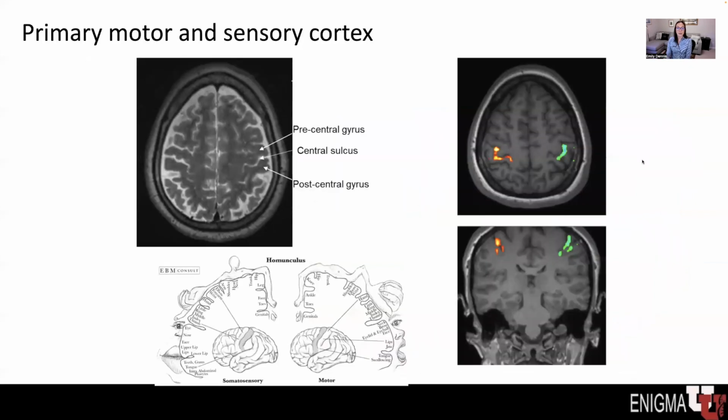And here they are in MRI data. So again, precentral, postcentral gyrus, the central sulcus here, the sensory and motor homunculi. And here you can see some fMRI results from a sensory task. So here we have the postcentral gyrus on both sides being activated during a sensory task.